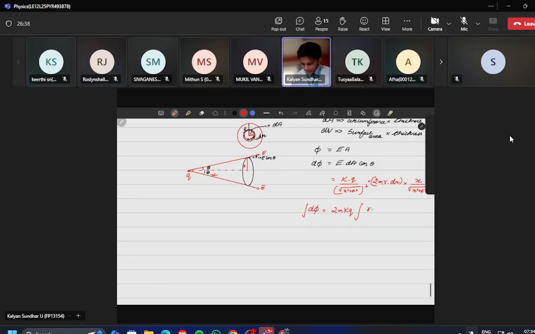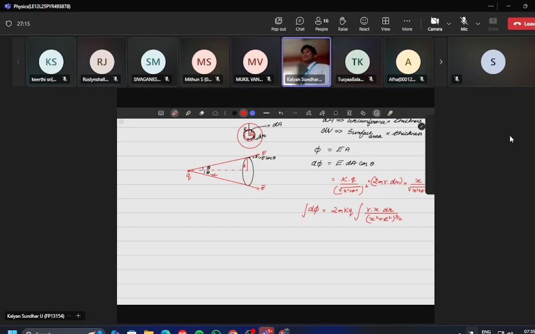Oh wait, R, 0 to R, it will be keep on changing, right? Under root of R square, R x into dr divided by x square plus R square whole power 3 by 2.